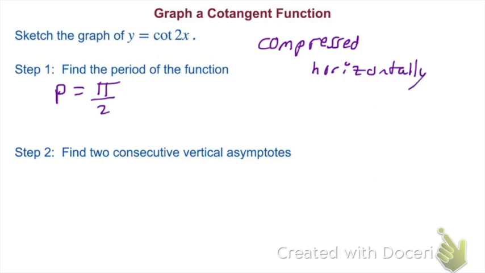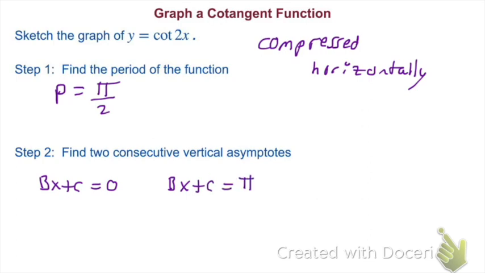I want to find two consecutive vertical asymptotes. Same idea as what we did with the tangent function, except for instead of being at negative pi halves and pi halves, for cotangent, the asymptotes we look for are at 0 and pi. So we take bx plus c is 0, bx plus c is pi.